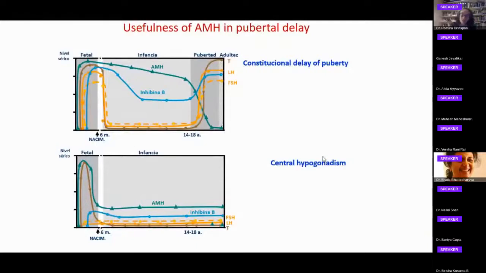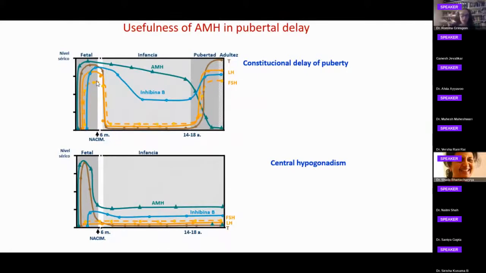Sertolian markers may be useful in the study of a child with delayed puberty. We remember again that constitutional delay of puberty is a prolongation in time of the physiological hypogonadotropic hypoandrogenism of infancy.